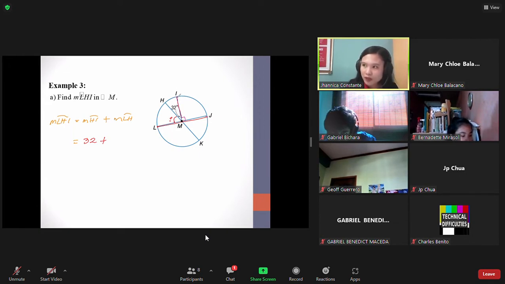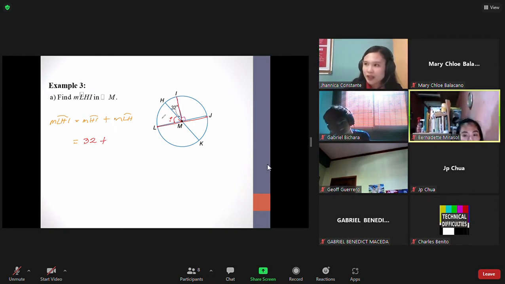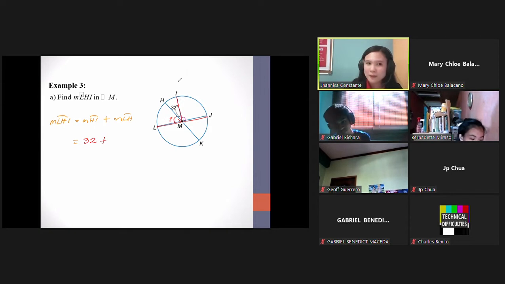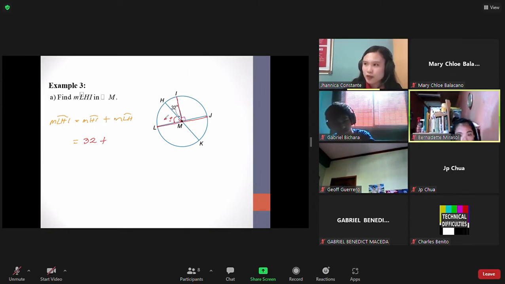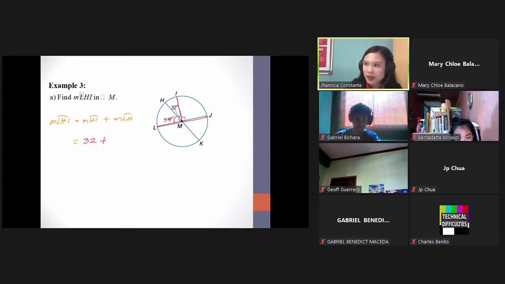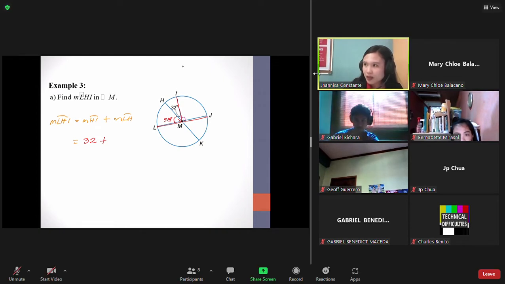So if we have 32 degrees for arc HI, the measurement of this angle is equal to 90 minus 32, which is equal to 58. So the measurement of the angle that we have is 58 degrees.